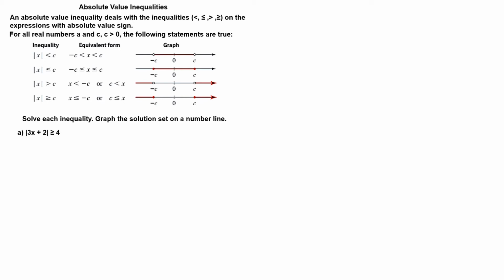The absolute value of 3x plus 2 is greater than or equal to 4. This expression has a greater than or equal to sign, so we will set up a compound inequality that looks like this. Then we will solve the two linear inequalities.